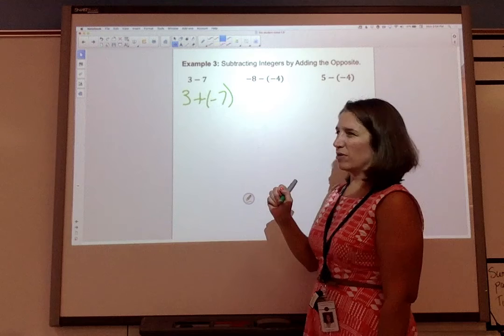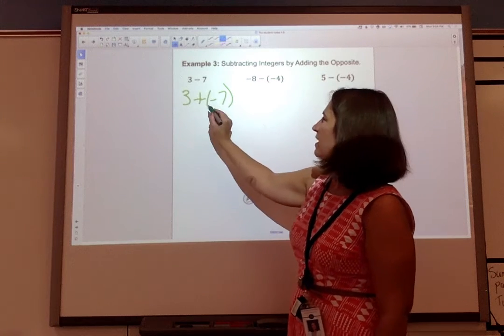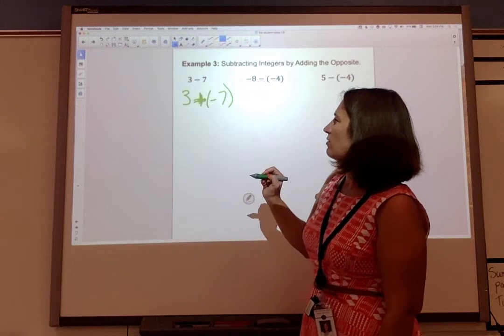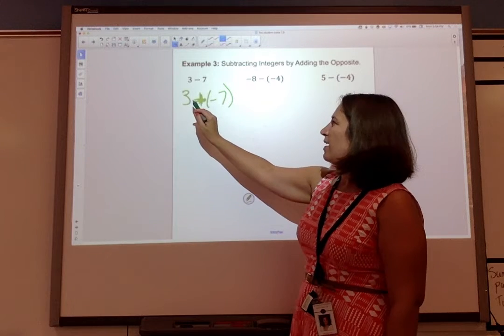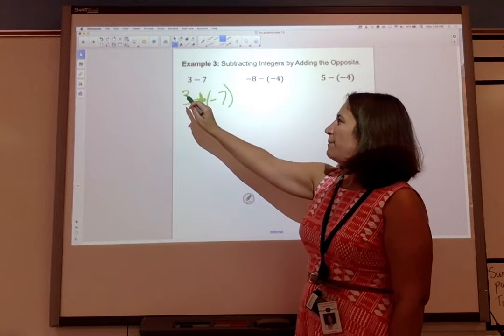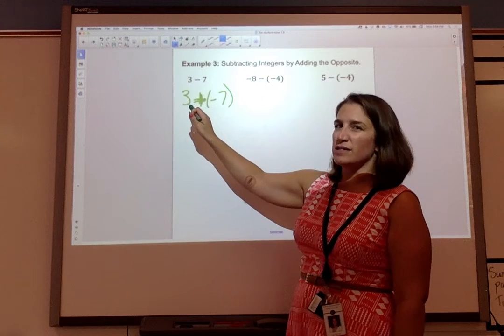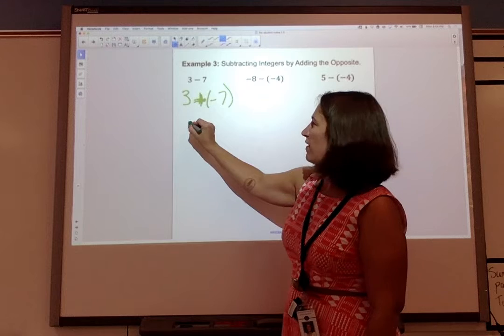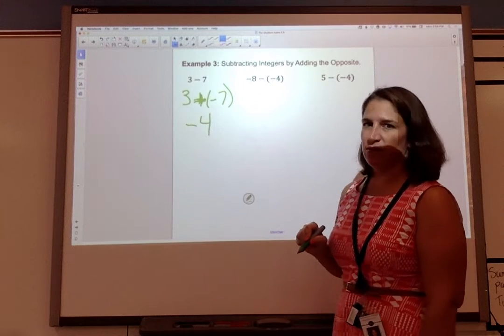That's the same problem. Now I can use my rules of addition and say, since they're opposite signs, I'll do 7 minus 3, which is 4, but the negative integer has a larger absolute value, so my answer is negative 4.